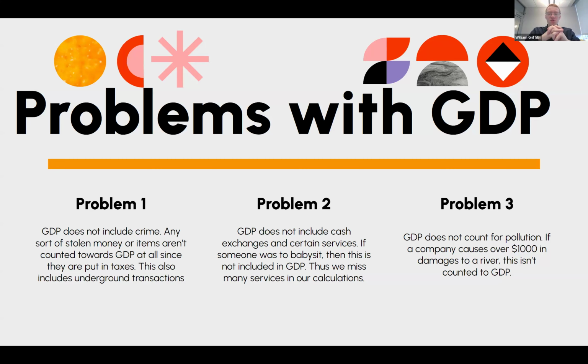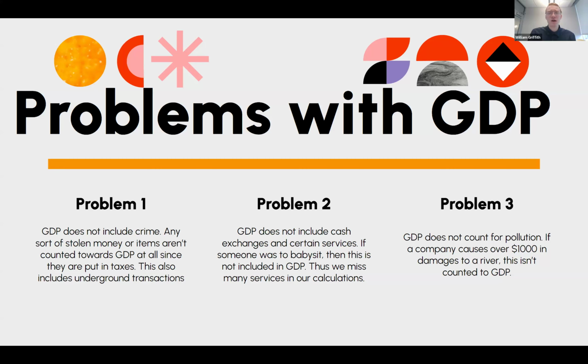It also doesn't include the cash services that we talked about, like babysitting and volunteer work. We're missing a lot of money that definitely is there. But another cash service we can talk about is this: if you're growing carrots, and I'm your neighbor, I come over and say, hey, let me buy one of your carrots for $3. You and I agree, I buy that carrot from you for $3.